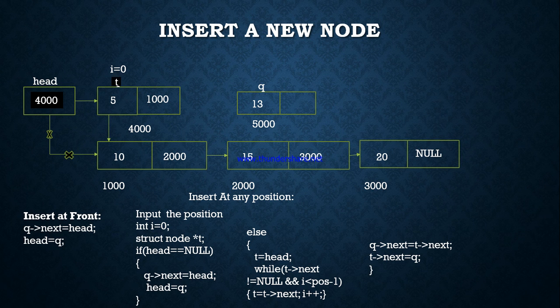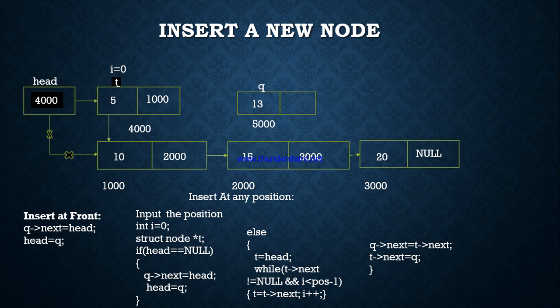Now we will use a while loop, which is iterated up to going to the proper position where we want to insert our node. So our logic is that while T of next not equal to null, and I less than pos minus 1. Pos is our position. Here the value of pos is 2.